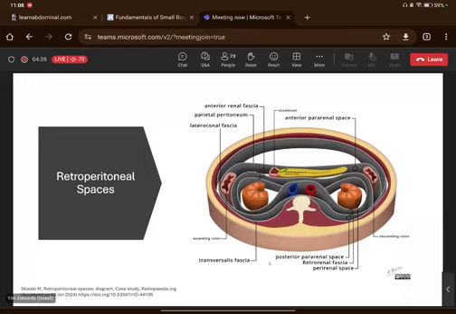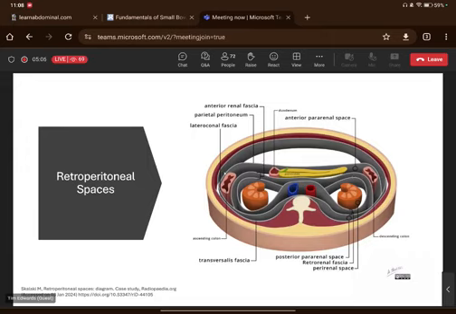So, as I mentioned, firstly, I'm going to go through, as the curriculum states, the retroperitoneum and the retroperitoneal spaces. This is quite a good diagram, where, as we can see at the front, this is where the peritoneum should be. Posterior to that, this is all the retroperitoneum. And it's important for us to know the way that this is divided into 3 different spaces, and how it's divided.